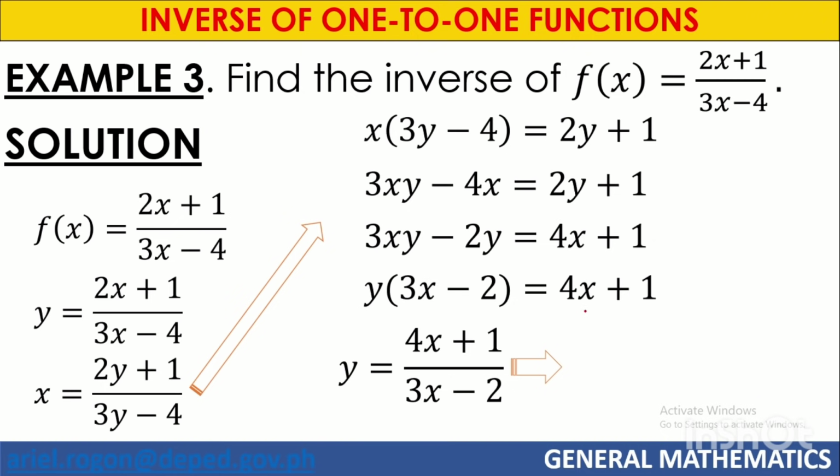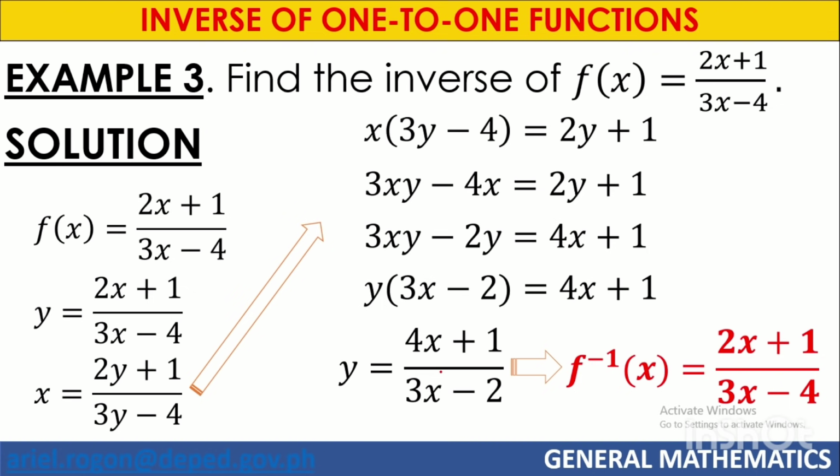Ito naman, 4x plus 1 divide 3x minus 2. So ito na yung inverse natin. So the inverse of function 2x plus 1 over 3x minus 4 is equal to 4x plus 1 over 3x minus 2.